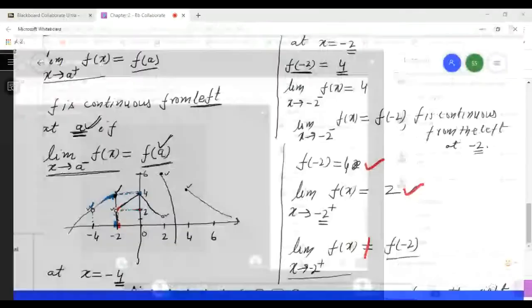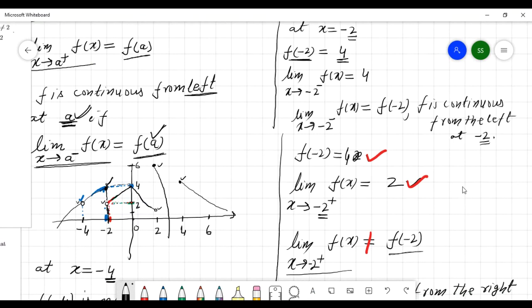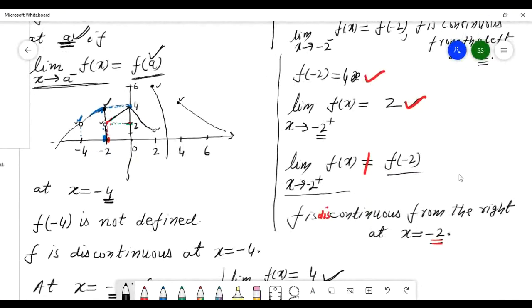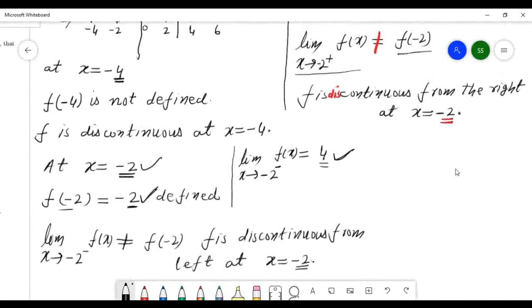Yes, clear. Okay. So here this is continuous from the left but not continuous from the right. So not continuous at -2. This is continuous from the left.